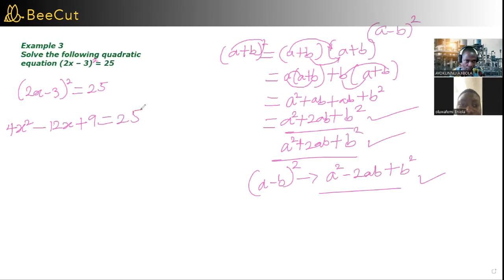So here now I can arrive at my quadratic equation by rearranging and say 4x squared minus 12x plus 9 minus 25 equal to 0. So what is 9 minus 25?